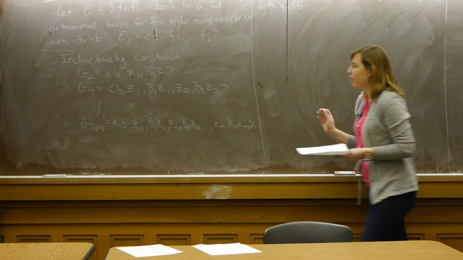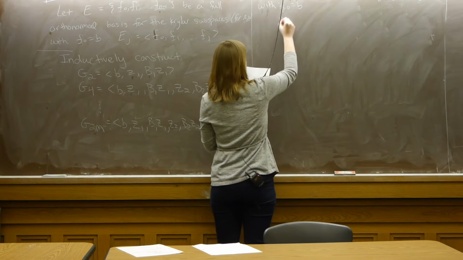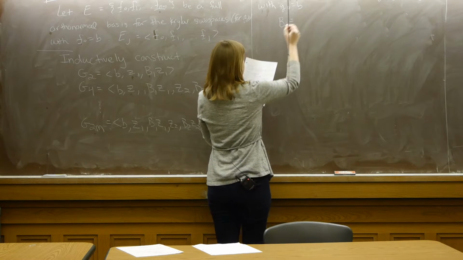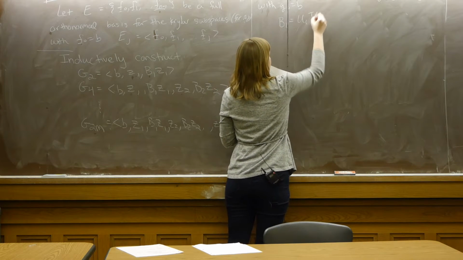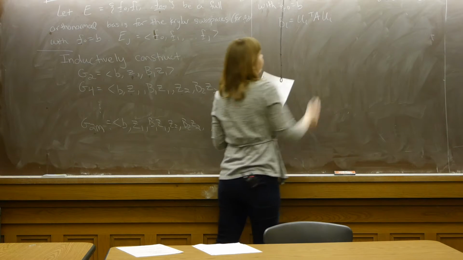Okay, so now I'll explain what these matrices BI are. BI is equal to UI transpose A UI.